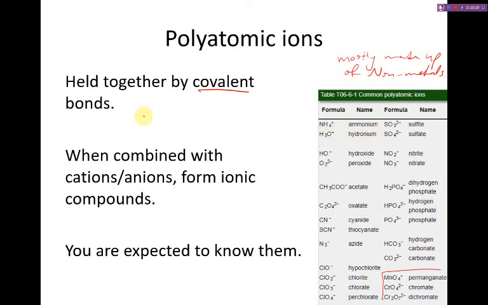So something like sodium hydroxide. This is a polyatomic ion. Therefore, it has covalent bonding. Because we have a metal with a nonmetal, we then get ionic bonding as well. And so sodium hydroxide exhibits both ionic and covalent bonding.